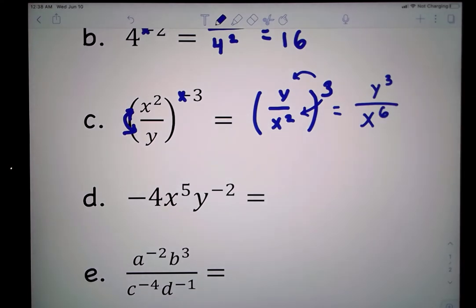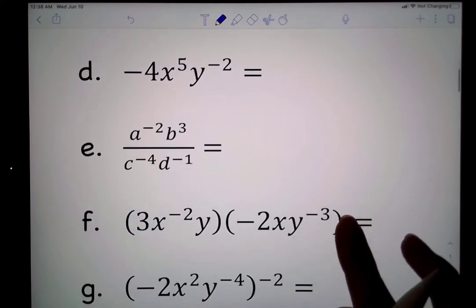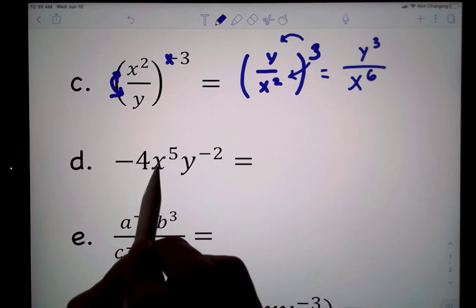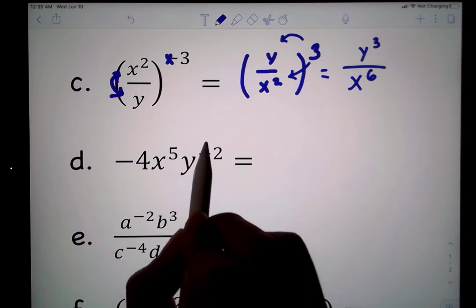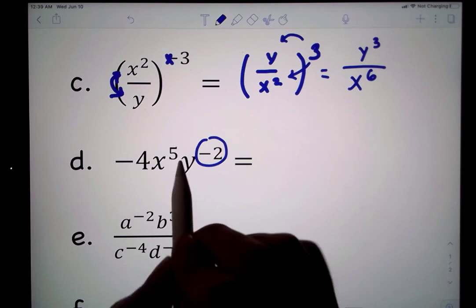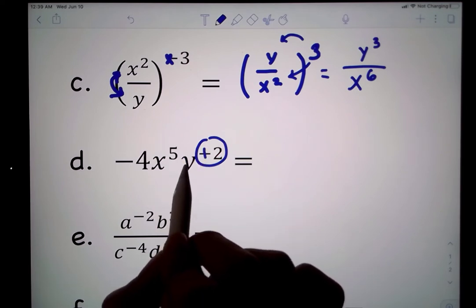All right? And D. When you look at D, it's the same thing. Negative 4x to the 5th. This negative is just negative, right? And then we need to simplify that one, this negative 2. So get rid of this negative sign, and you put this y.